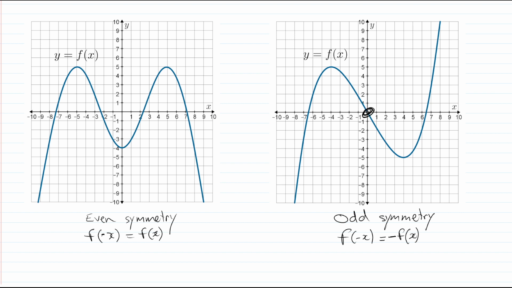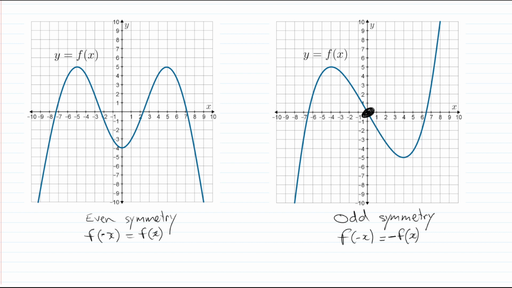That is, if I make this point, the origin here, a center of rotation, I should be able to rotate, say, this piece of the graph right around, and it will land on this piece of the graph. That's a property of functions that have odd symmetry. We get rotational symmetry about the origin.